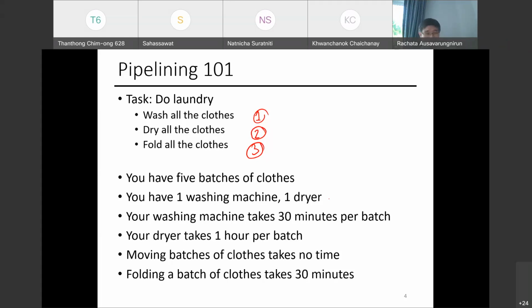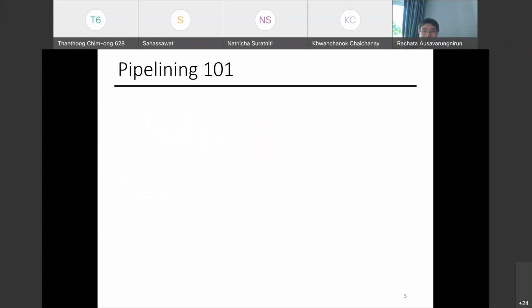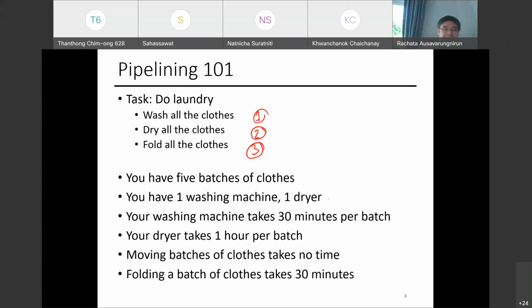So the first thing is you get the first batch, throw everything in the washing machine, right? So basically, first batch, you wash, you dry and you fold. Once you're done, what do you do? Repeat the same process over, right?